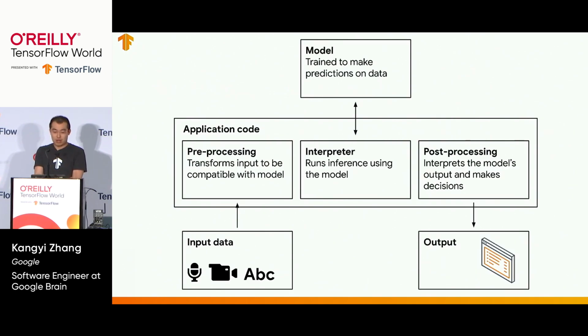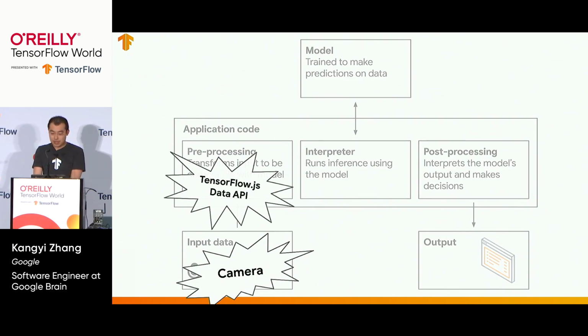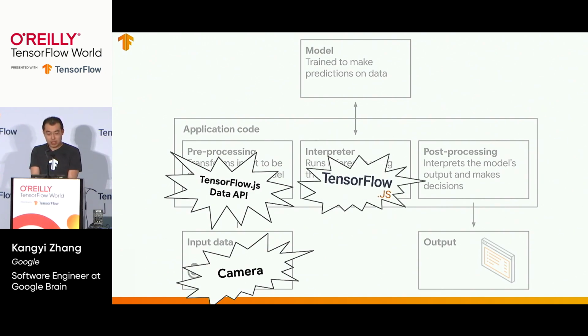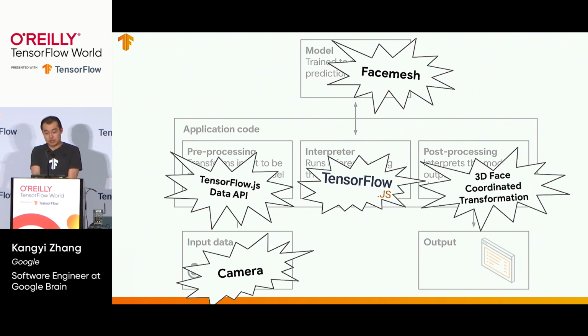And let's walk through the workflow diagram again. We take the video frame from the web camera through the TensorFlow.js data API and transform it into a tensor that can be consumed by the model. We run the face mesh model in the TensorFlow.js runtime to detect the facial key points, and then use the model output to put the sunglasses graphics in the right place.